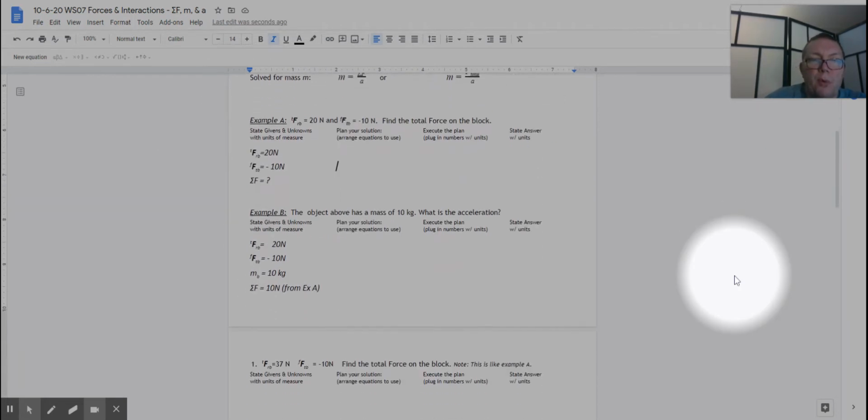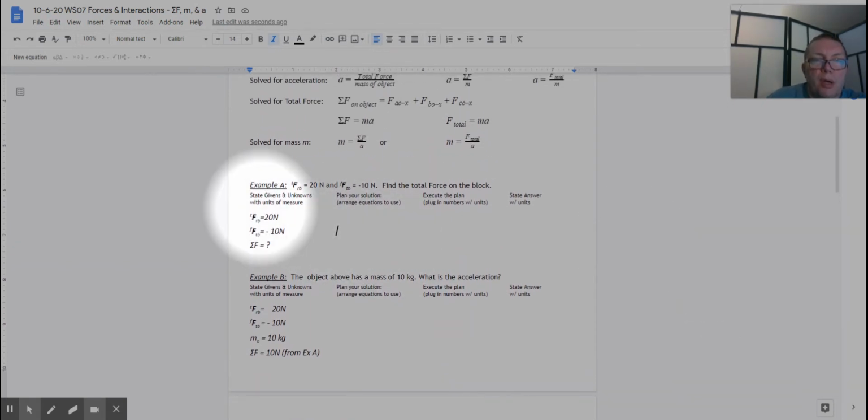So when I go down here, example A, we're saying that the force of tension that the rope exerts on the block is 20 newtons, and the force of friction that the table exerts on the block is negative 10 newtons. Find the total force on the block. So this first space is a space to put the data for this problem.